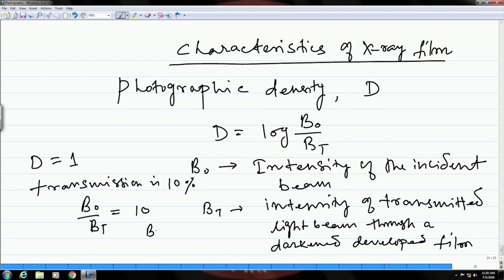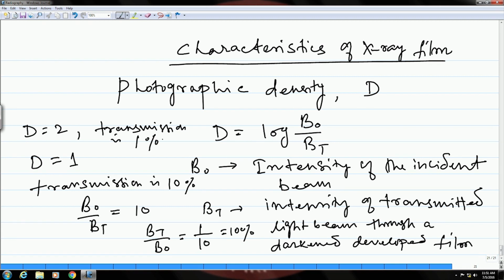That means B t by B naught, which is the transmission, is 1 by 10 or 10%, right. Similarly, if D is 2, then the transmission will be 1%, because in that case B t by B naught will be 1 by 100. So, it is 1%.